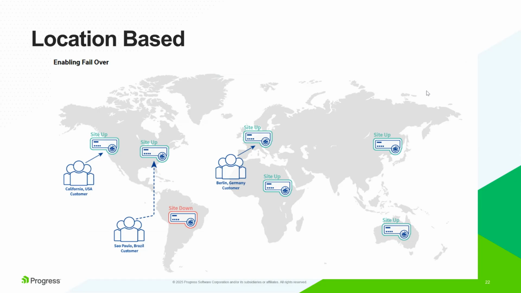Now, this is very important because let's say you had a scenario where you wanted to fail the South America site to actually go into South Africa and not North America. Well, if we wanted to do that, then we would use proximity based scheduling method. What this does is look at longitude and latitude to determine where the clients are coming from, where they're connecting to, and where the next closest site is.